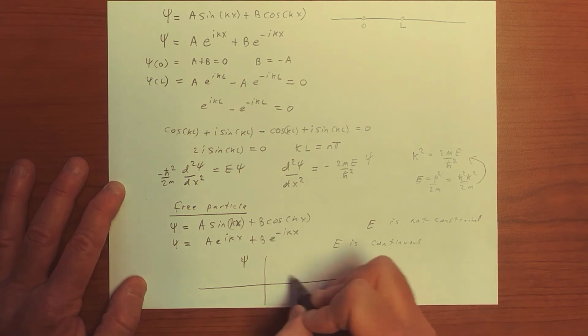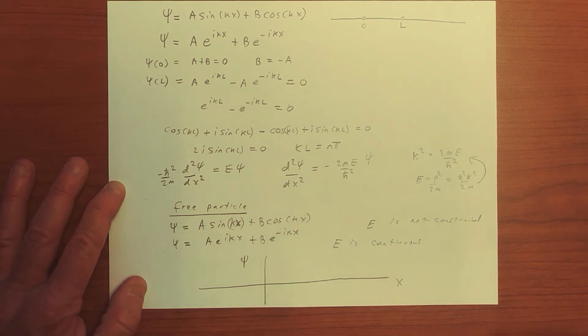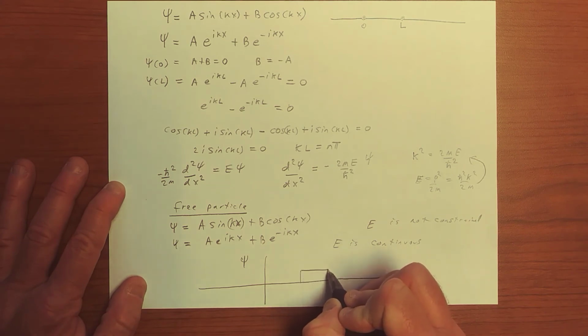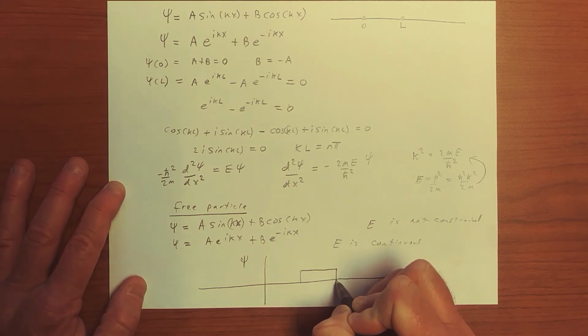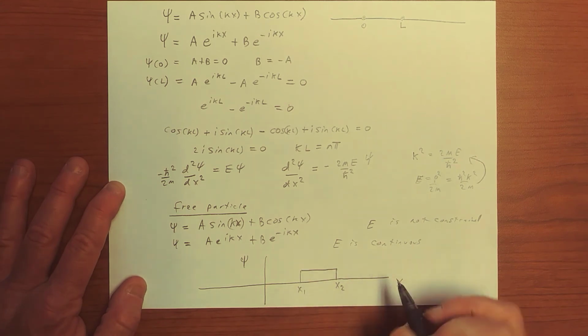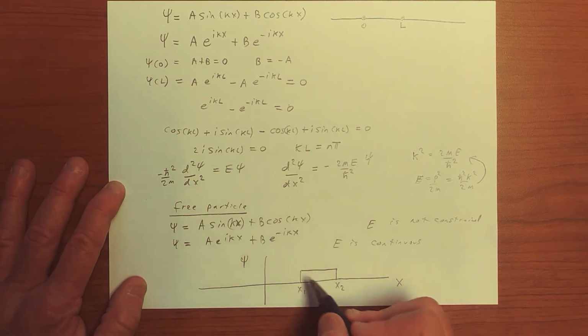So if this is x and this is psi, that's a spatial wave function. Say at x equals 0, the particle is constructed in our laboratory, so it has an equal probability of being found in this region between x1 and x2 in this one-dimensional universe. But then it's free to move away from there after that.